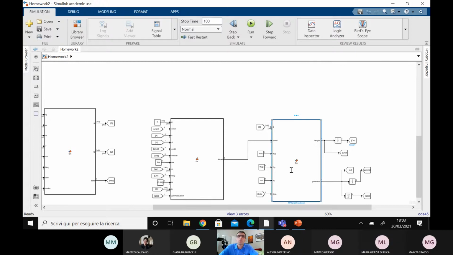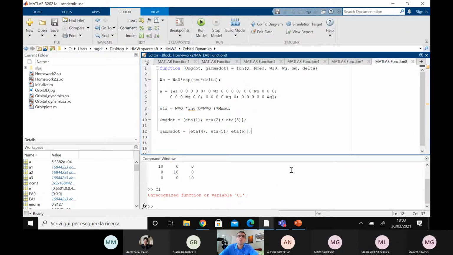Can we go in for one second and see what's going on? So omega dot is 3, gamma dot is 3. Let me see. Can you go to edit data?